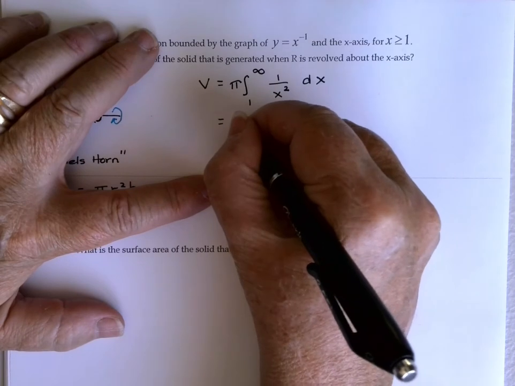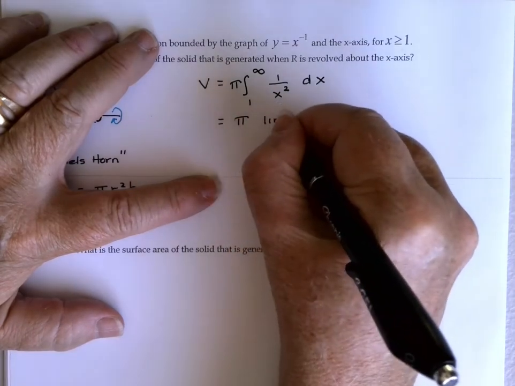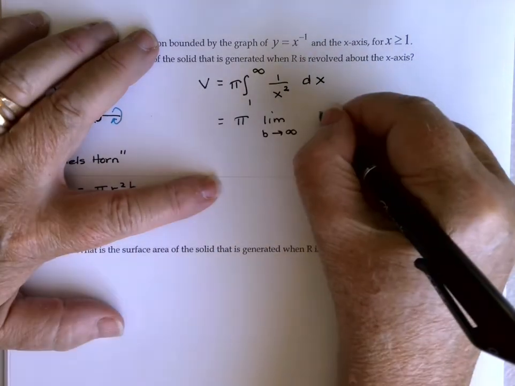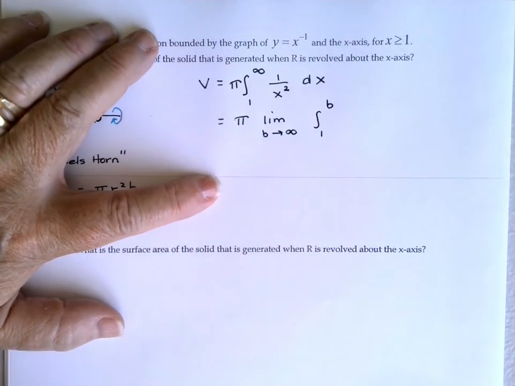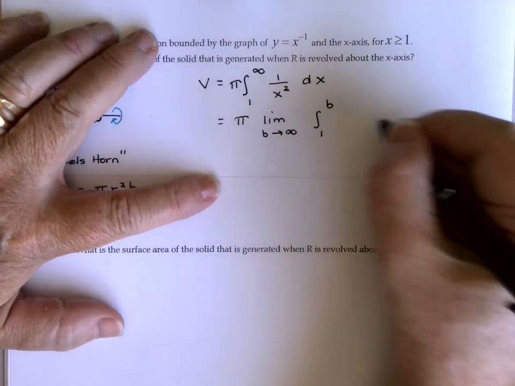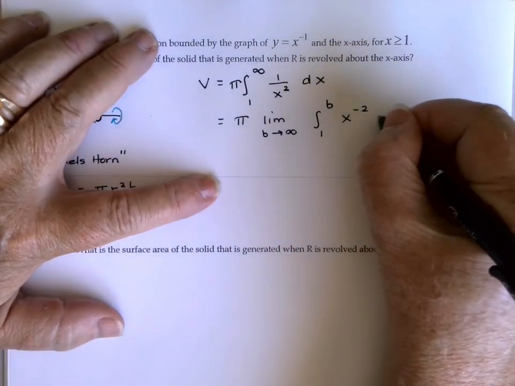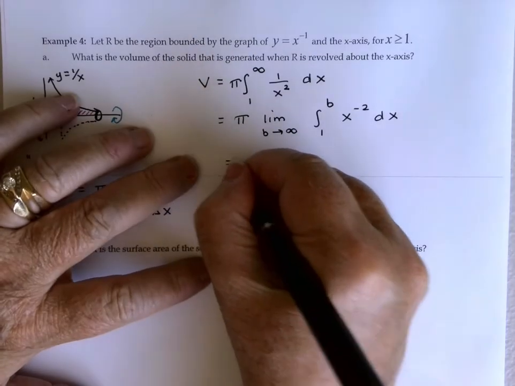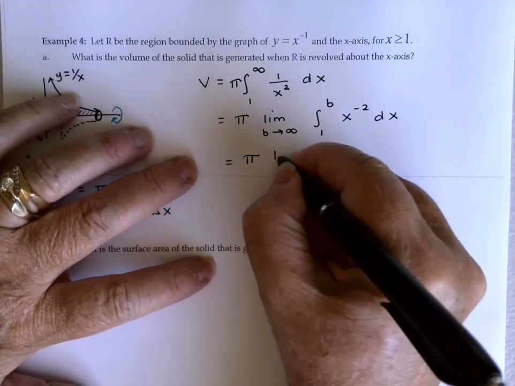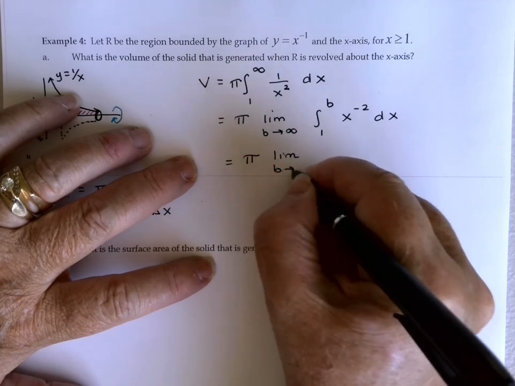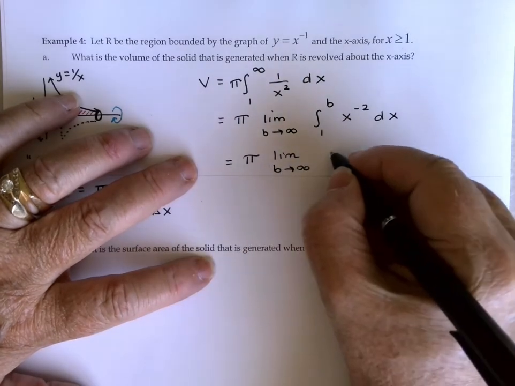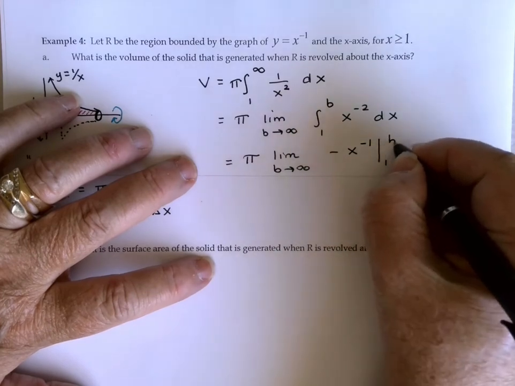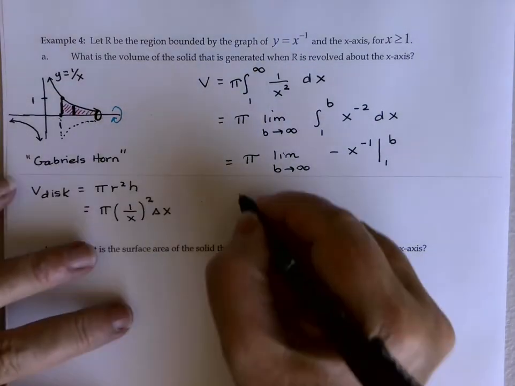I would have pi times the limit as b goes to infinity, integral from 1 to b. Let me rewrite that as x to the negative 2 dx. Integrating that would give me minus x to the minus 1, evaluated from 1 to b.